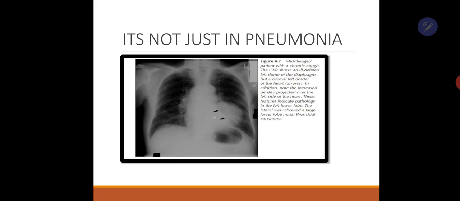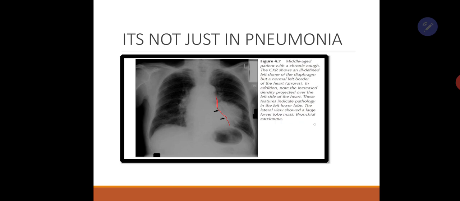If you can appreciate, the arrows are showing, and I can draw for you the left border of the heart, which was clearly seen. In addition, note the increased density projected over the left side of the heart. These features indicate pathology in the left lower lobe.